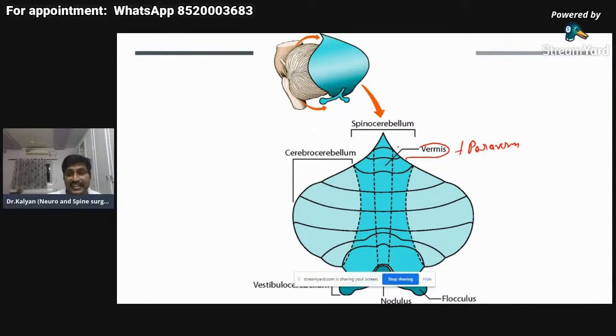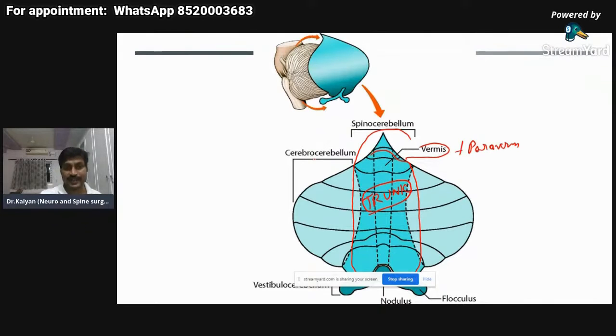And why is there a distinction between spinocerebellum and cerebrocerebellum? The spinocerebellum is mainly concerned with our trunk, the mid part. So the vermis and the paravermian regions are mainly concerned with the balance of our trunk.